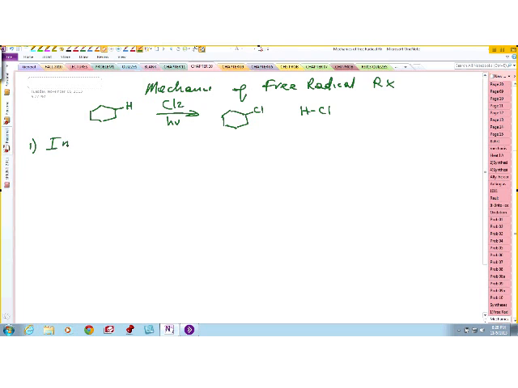You have what we call the initiation step. Then you have the propagation step. Then finally you have the termination step.